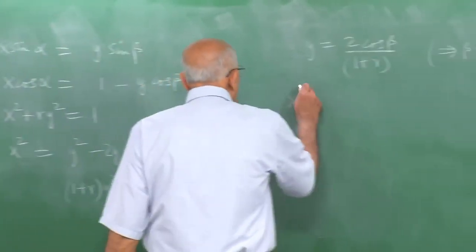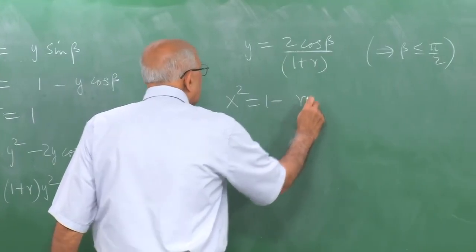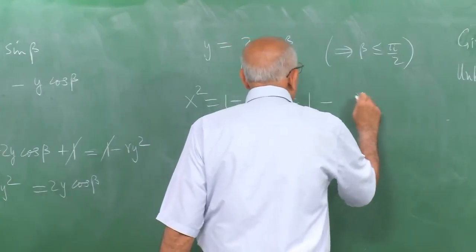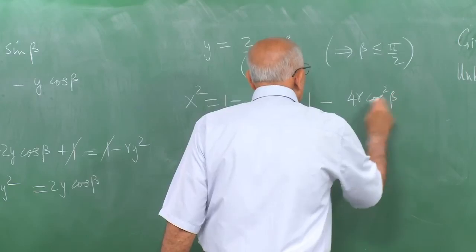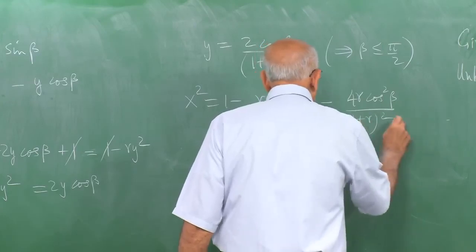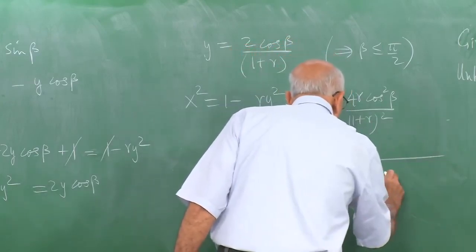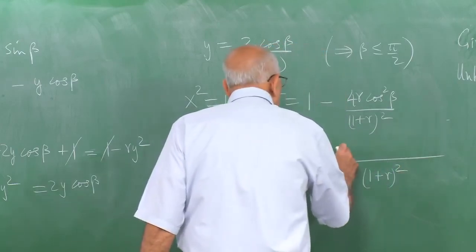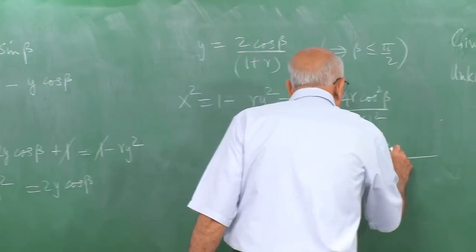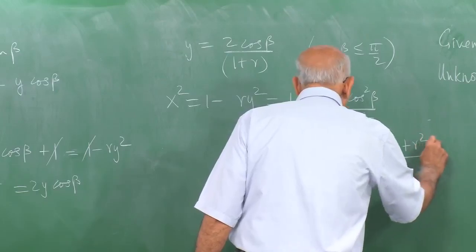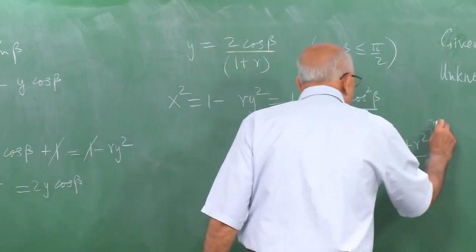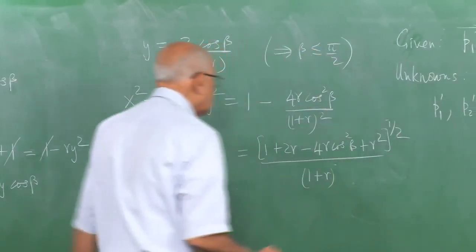So it says x squared equal to 1 minus r times y squared, which is equal to 1 minus r times 4 cos squared beta divided by 1 plus r the whole squared, which is equal to 1 plus r the whole squared multiplied by 1 plus 2r minus 4r cos squared beta plus r squared, and therefore x is equal to the square root of this whole thing, half over 1 plus r, in this fashion.